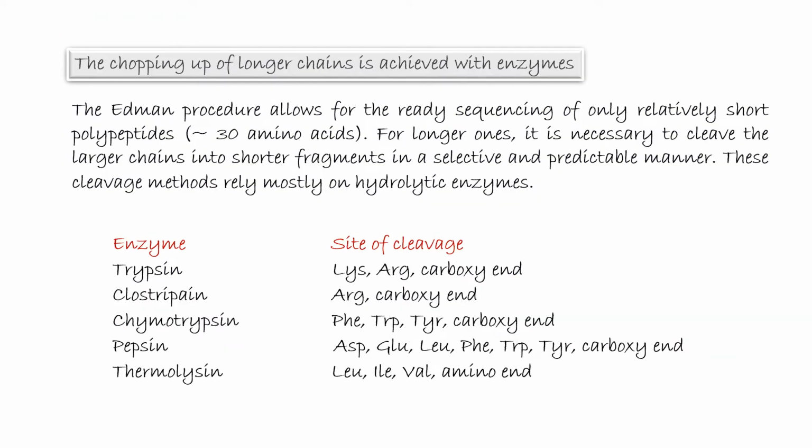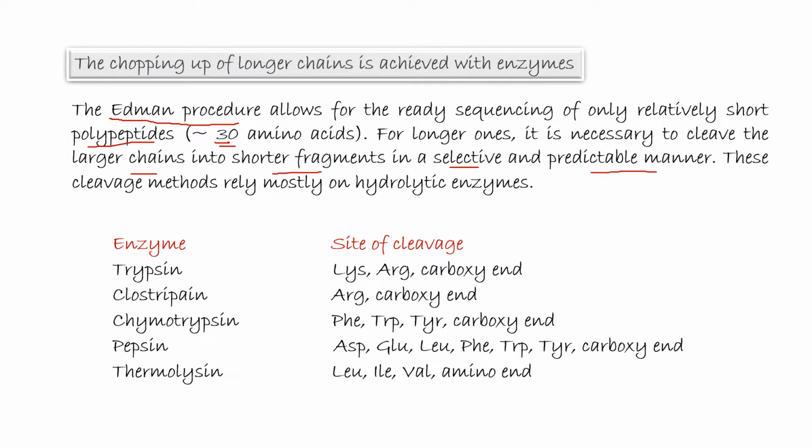Well, the Edman procedure using N-terminal peptide analysis is the most widely used and successful method, but it is limited to a polypeptide with around 30 amino acids. For longer ones, it is necessary to cleave the larger chain into shorter fragments in a selective and predictable manner.